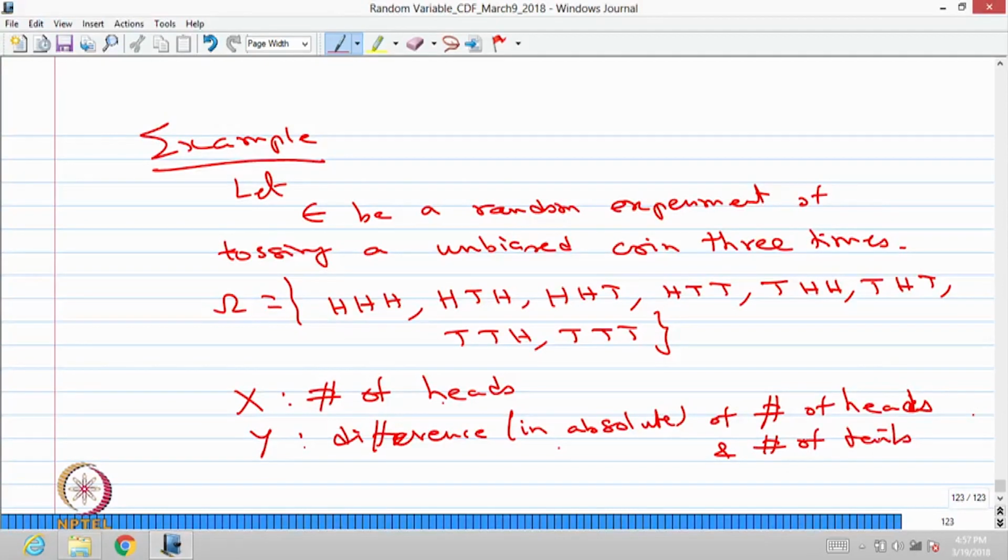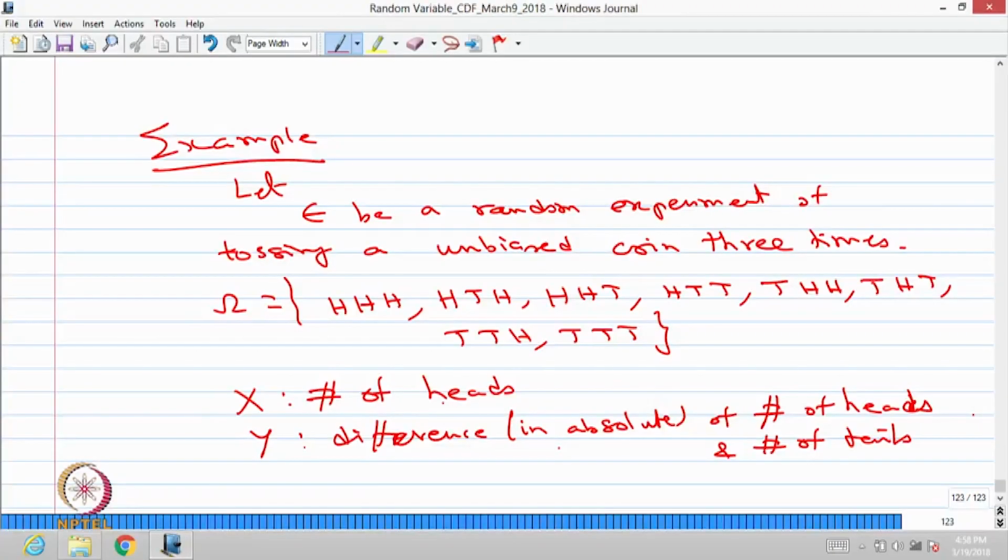Look at it very carefully. Therefore, you should know all the possible values of x and of y. Then you can conclude what type of random variable x and y are, and then find the distribution based on whether it is discrete or continuous.